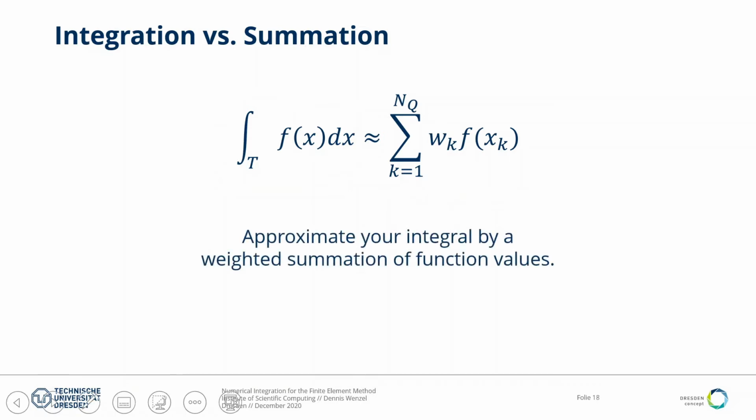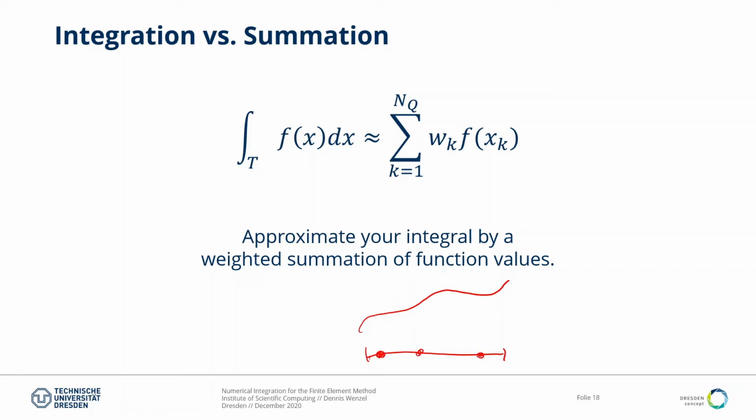So what does that in general mean? Well, it means that if you have an interval given and you want to integrate a certain function over that interval, then you will not compute that integral exactly, but you will only evaluate your function at certain points.